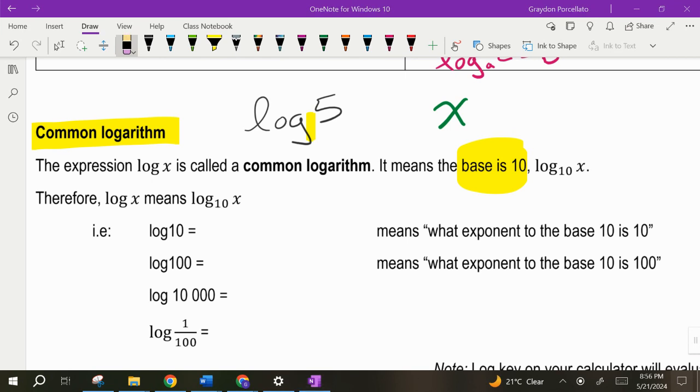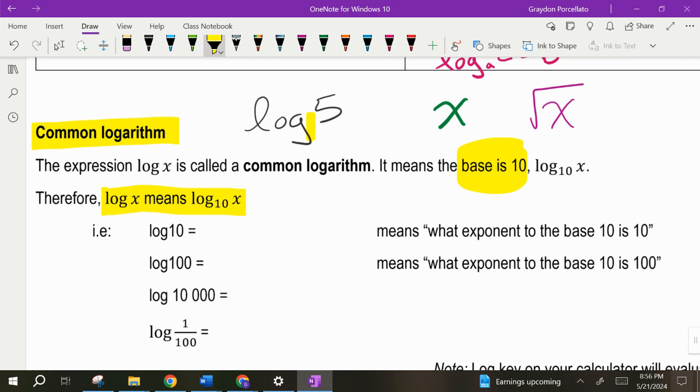It's also the same as if I take a square root and I don't write a number here, we assume that it's a 2 there. So in math, there are some numbers that we don't always write. In this case, if I don't write a base with a log, it means it's base 10. And so most of your calculators, when you push log, it's doing everything in base 10. So log of x means log base 10 of x. These two things mean the same thing. We just don't write the 10.